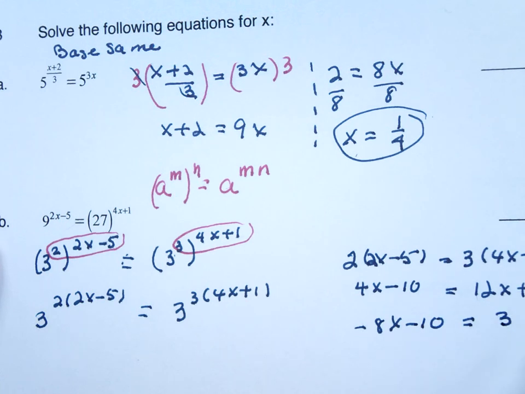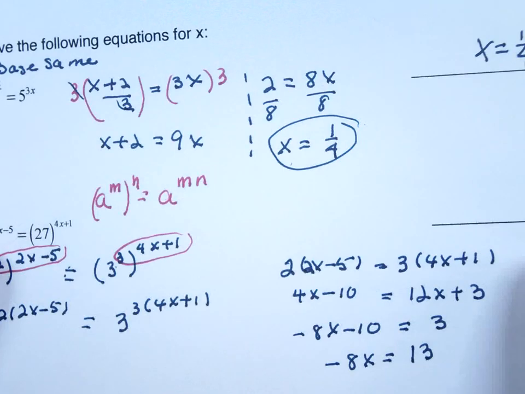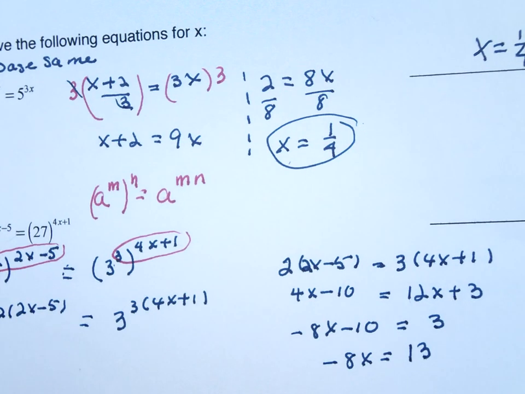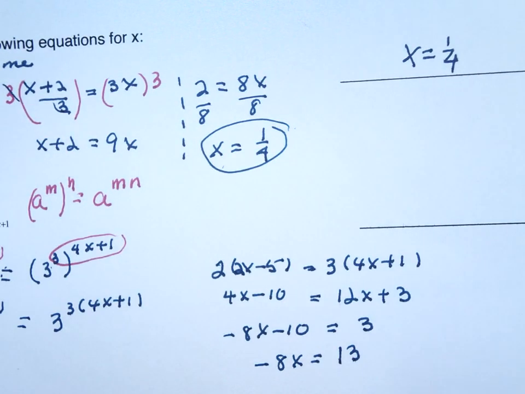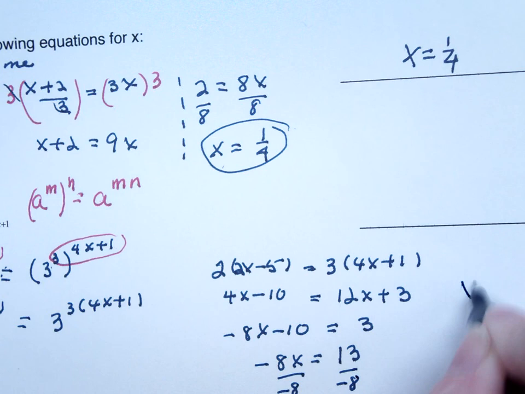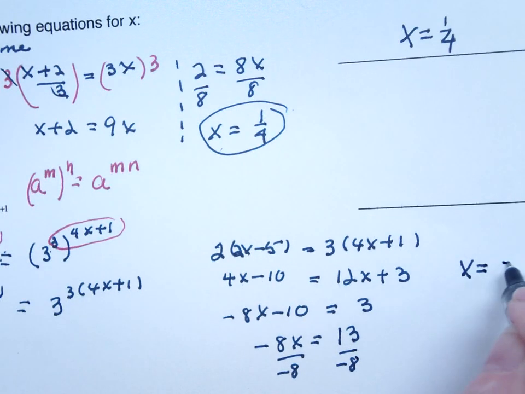Add 10 to both sides, so negative 8x equals 13. Then divide by negative 8, so that x is negative 13/8.